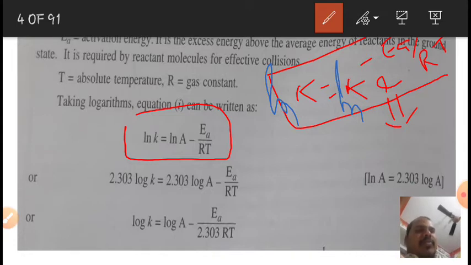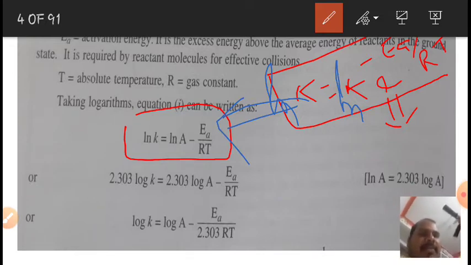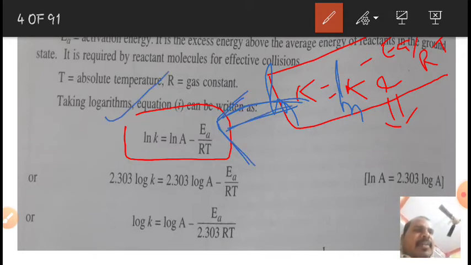I will explain later how we get this equation from the Arrhenius equation, by applying logarithm. And ln is the natural logarithm.